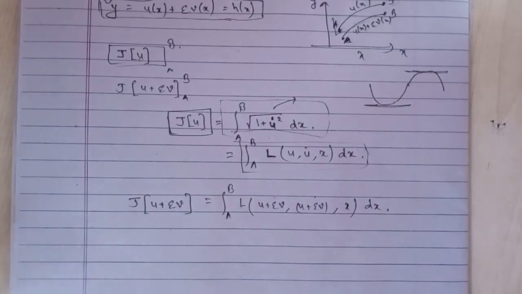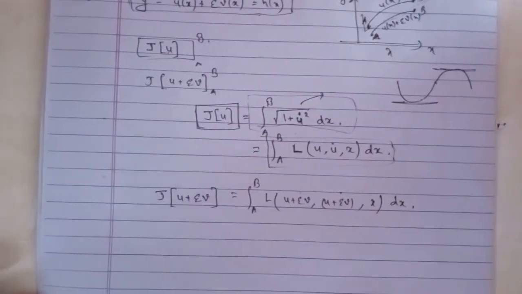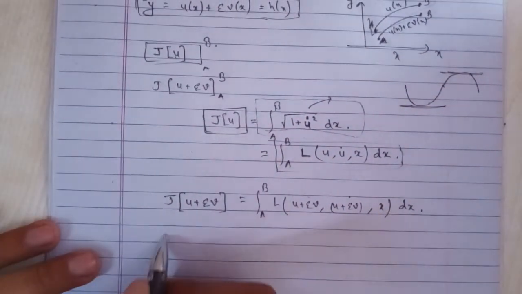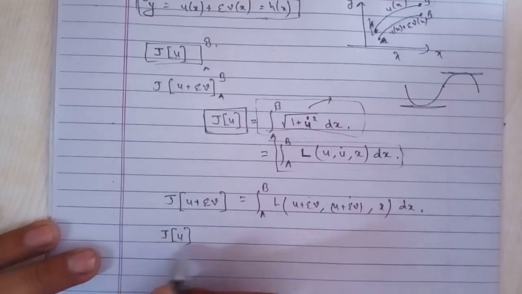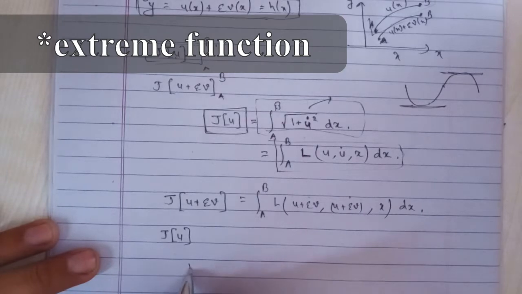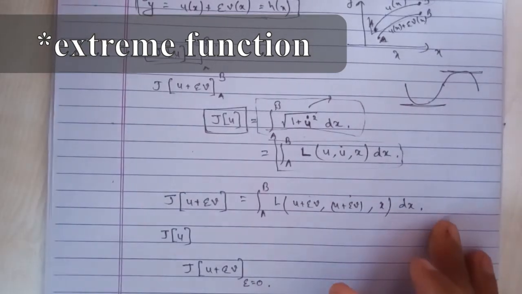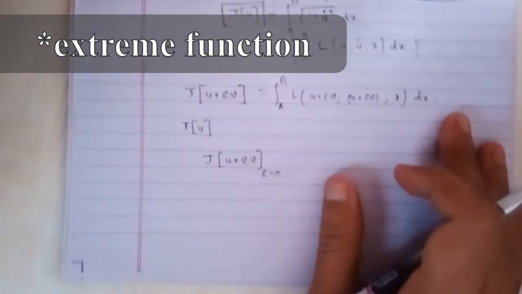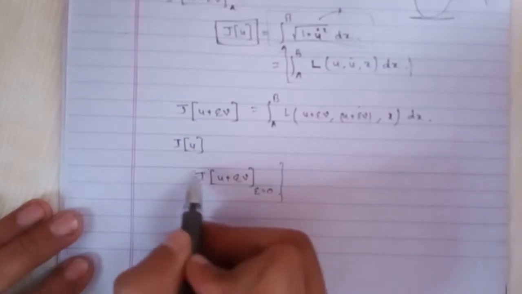So before doing that, let us consider J[u] itself to be an extreme point. That is, for any function u plus epsilon v, when epsilon equals 0, it is an extreme point.